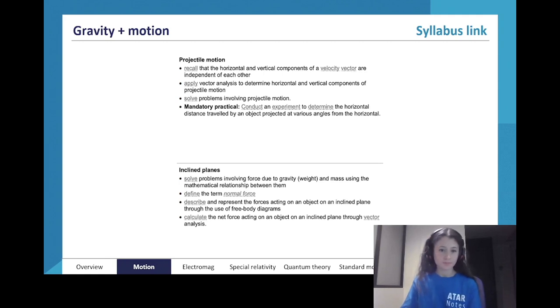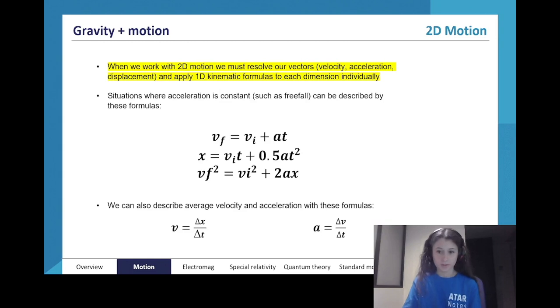When we're working with projectile motion, we need to apply vector analysis to determine the horizontal and vertical components, and then from there solve problems. So we're going to get onto projectile motion now.